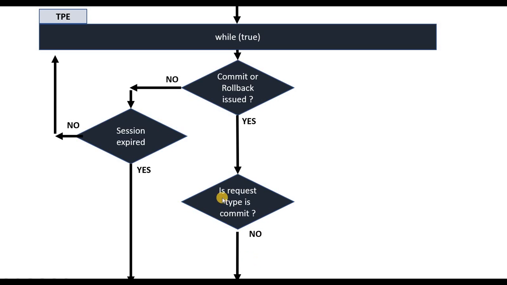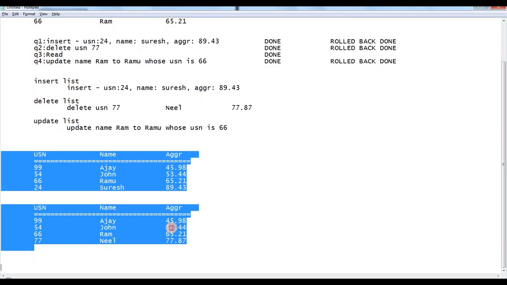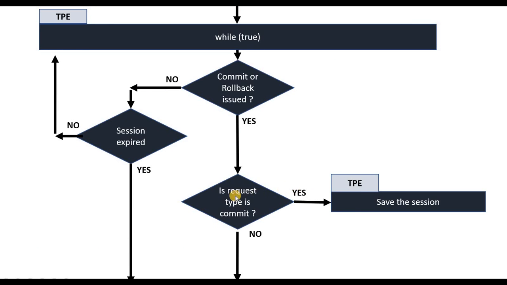If the user presses the commit button, we will simply save the session. We will not execute the rollback methodology. Rollback methodology means executing the reverse queries of whatever we have done. If the request type is commit, we will simply save the session.